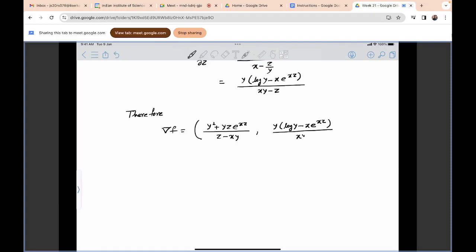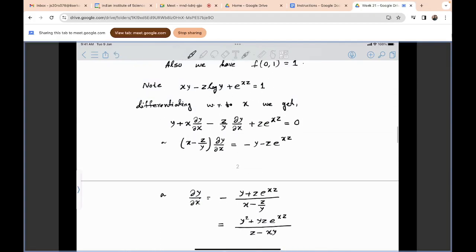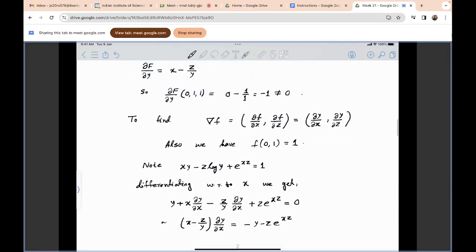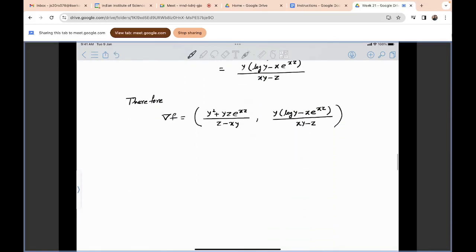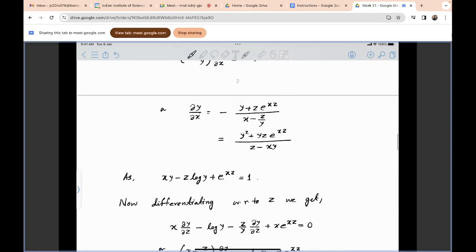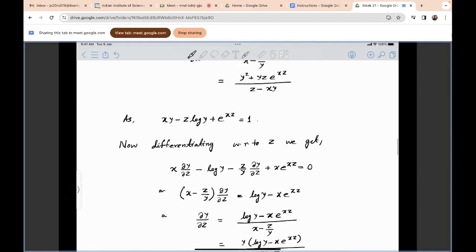Now we have to find the gradient at the point (0, 1), and f at (0, 1) is basically 1.